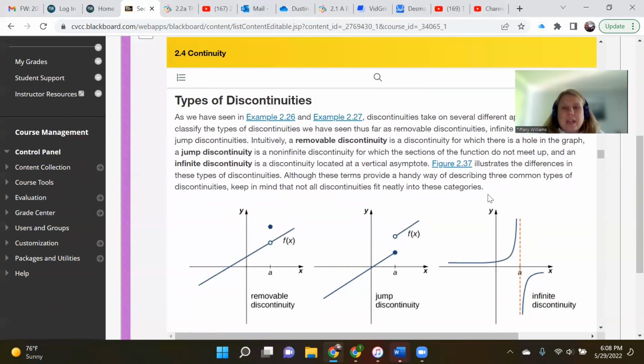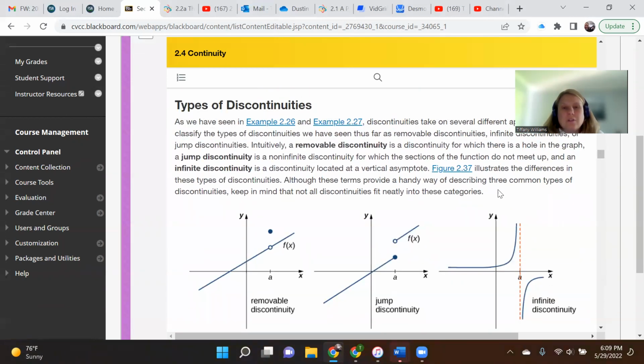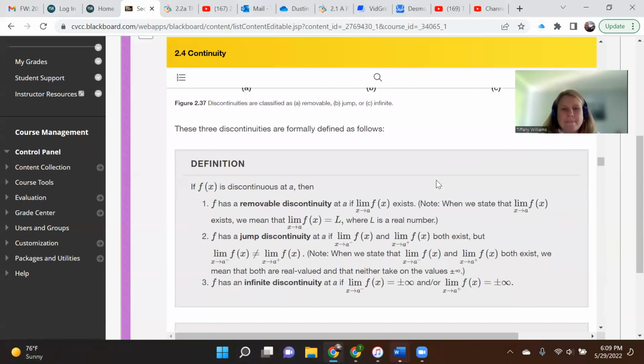Although these terms provide a handy way of describing 3 common types of discontinuities, keep in mind that not all discontinuities fit neatly into these categories. Of course not, it's math. And so here are the actual algebraic definitions for this. f has a removable discontinuity at a if the limit as x approaches a of f of x exists. f has a jump discontinuity at a if the limit as x approaches a from the left and from the right both exist, but they're not the same thing.